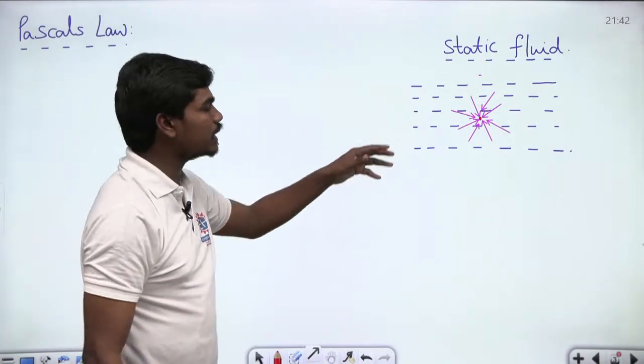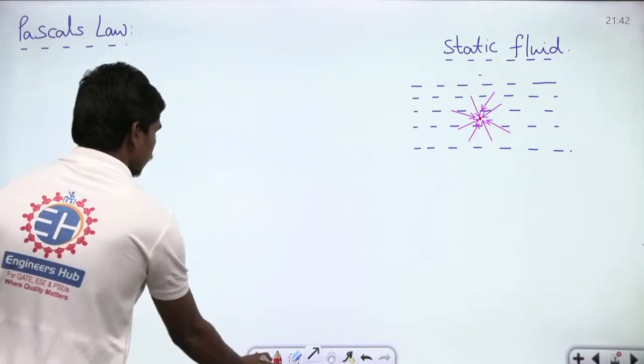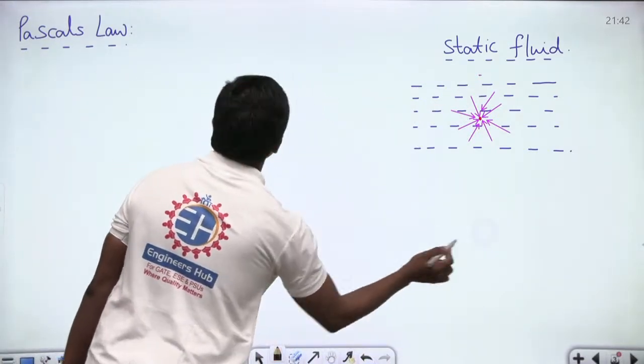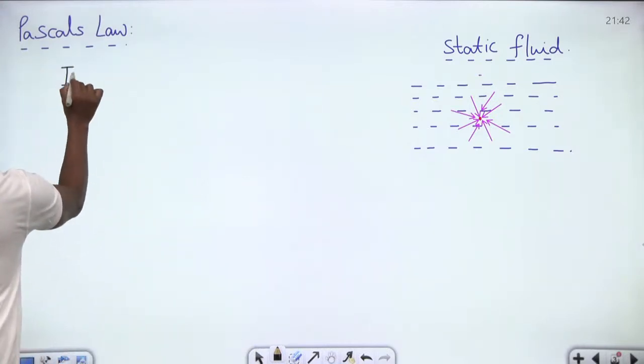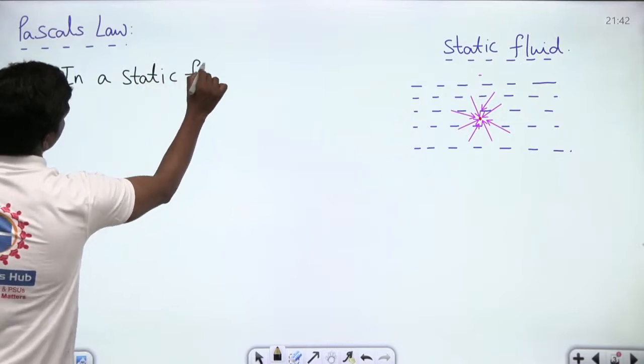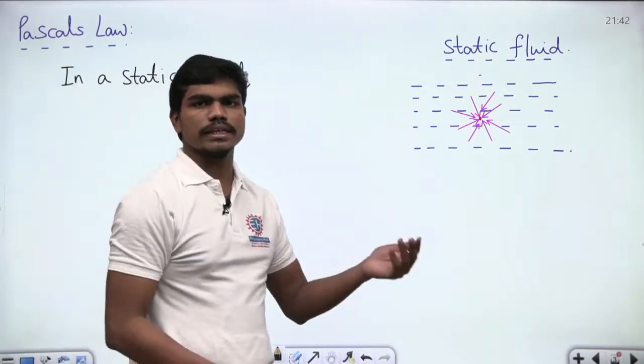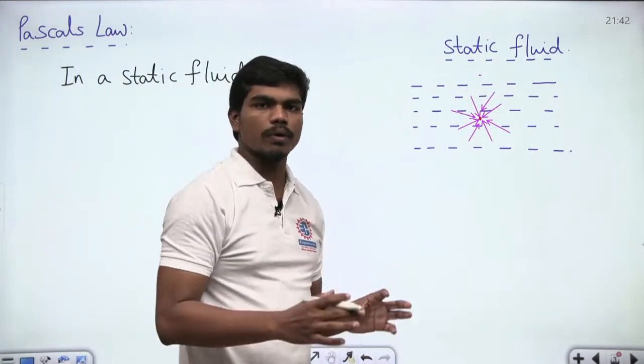So now mathematically let us see how this pressure in every direction is equal. Let us first write Pascal's law. So in a static fluid, and what do I mean by static fluid? On this fluid there is no tensile stress and also no shear stress. There is only normal compressive stress.